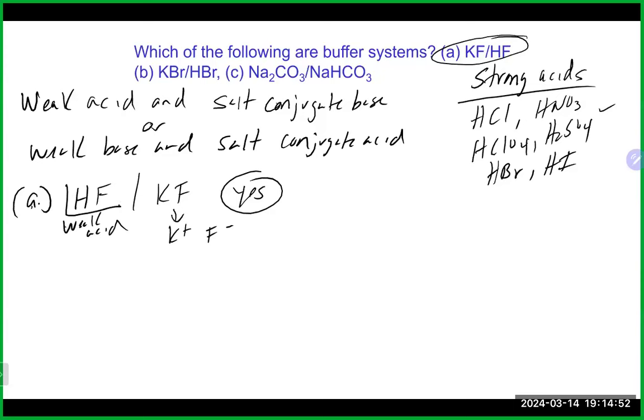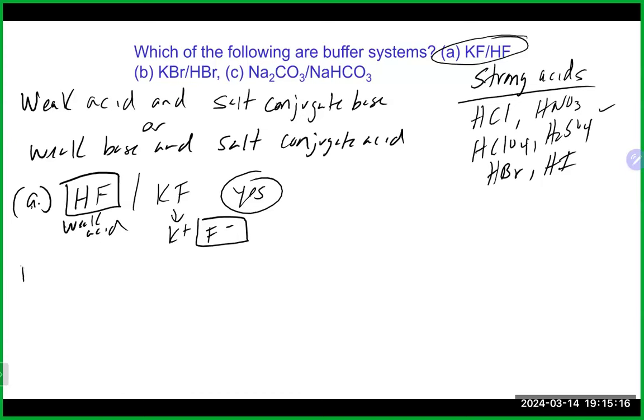So once again, like my buffer example we just did a second ago, that is really our two parts of our buffer, which again is only separated by one H plus, basically the Bronsted-Lowry definition in this case. Really, the K plus is a spectator ion just hanging out, not doing much, but that's why it's called the salt of its conjugate base, because it has the K plus there.